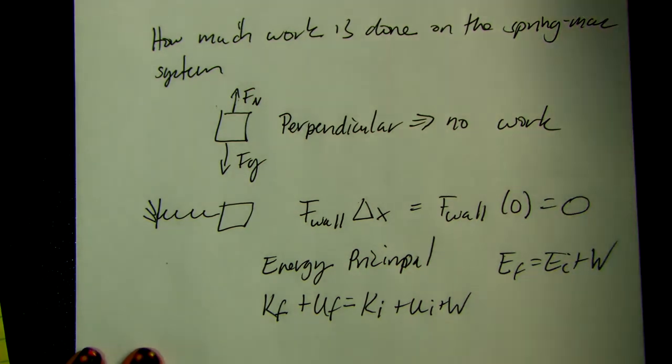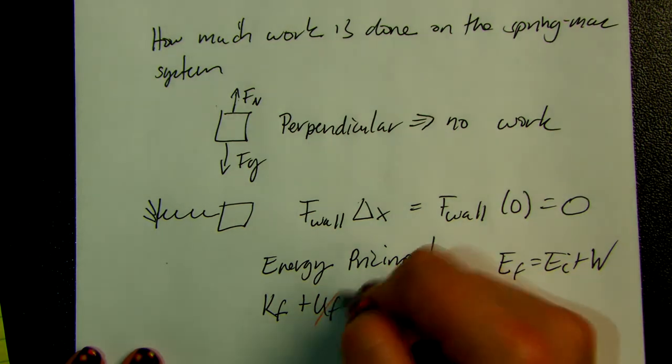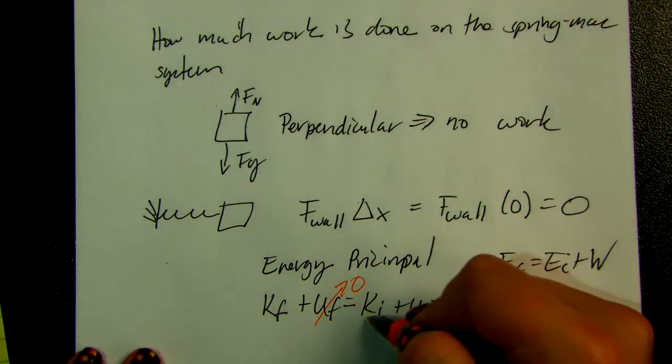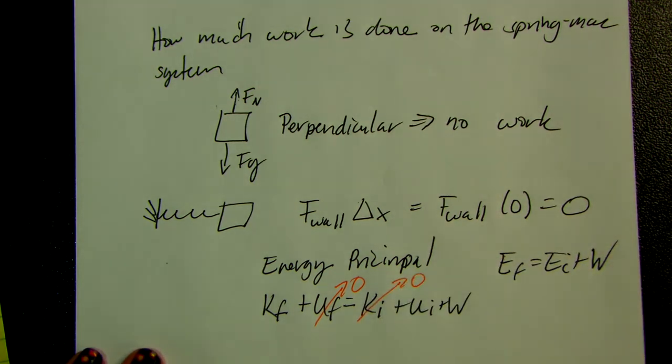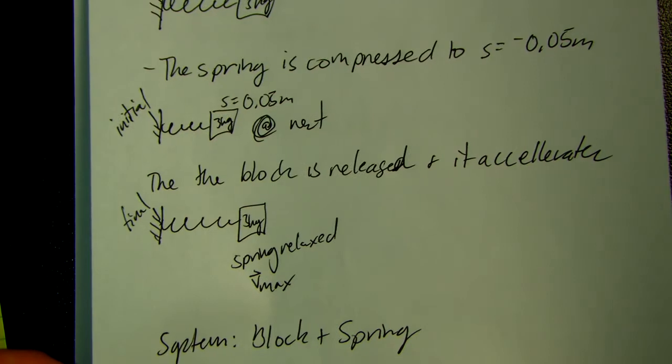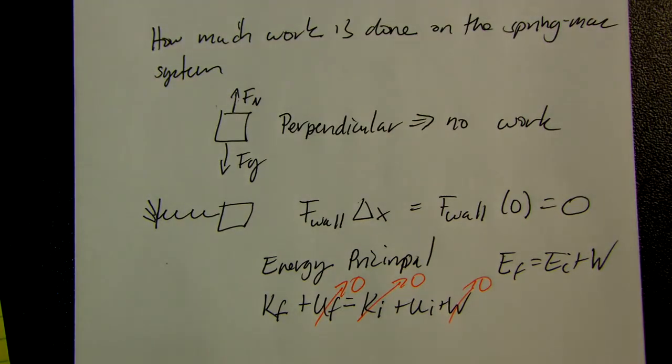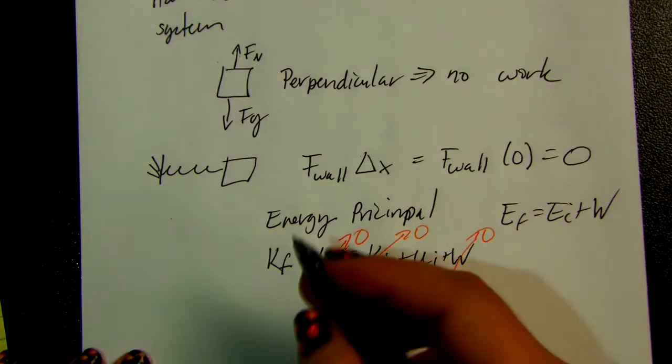Let's find some zeros here. We end this where the spring is going through its relaxed state, so U final is 0. It starts at rest, so our initial kinetic energy is 0, and we just showed that work is 0. Remember, these are our starting and final times. Already we've got a much easier problem on our hands here.